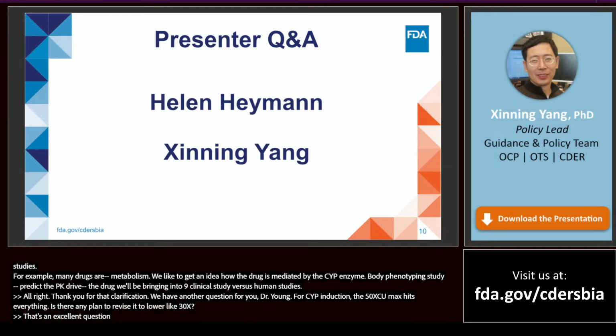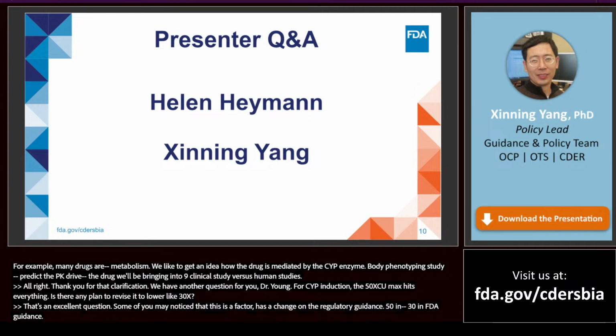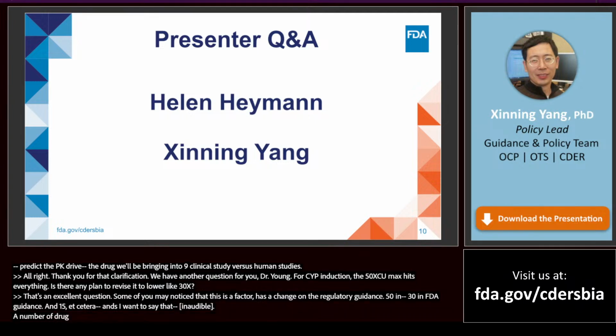As some of you may notice, this scaling factor has changed among the regulatory guidances. 50 is in the EMA guideline, 30 is in the FDA guidance, and 15 in the ICH draft guideline, and now we end up with 50. I want to say that it hits everything, still it can rule out a number of drugs. I think this is an area that needs further research.